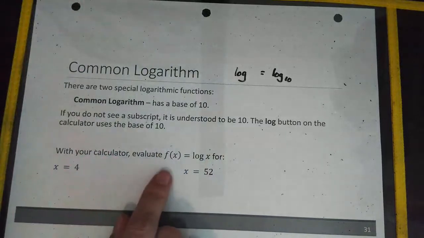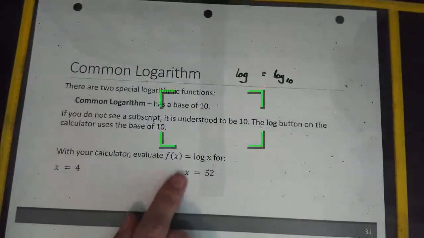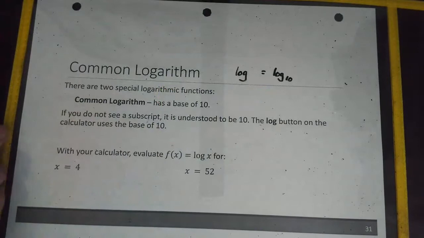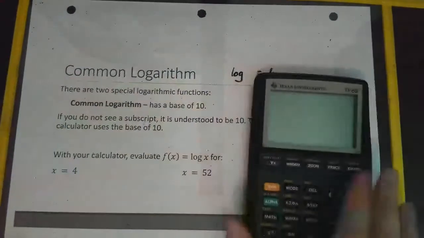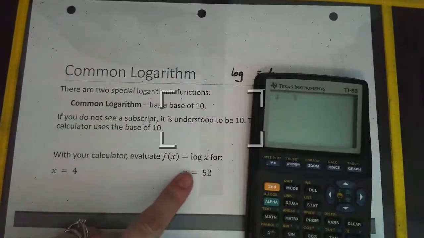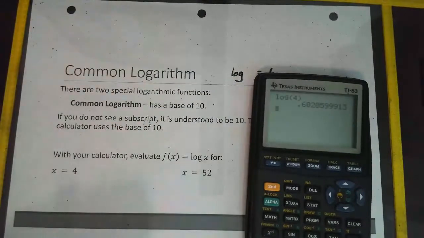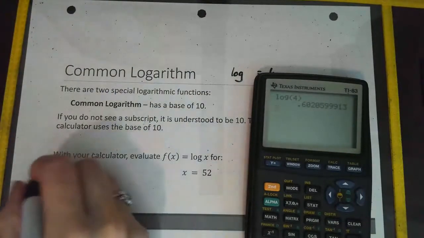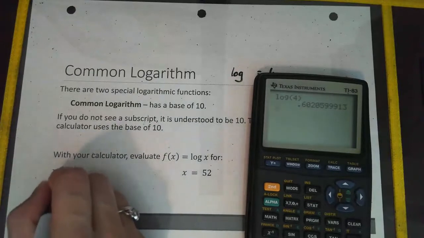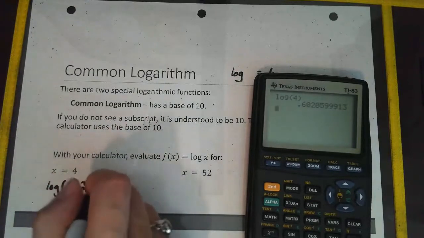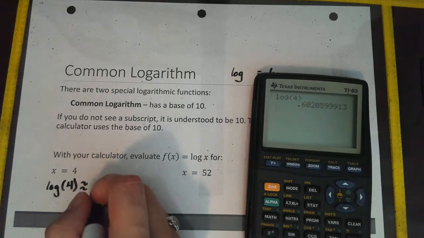So with our calculator, we want to evaluate f of x equals log of x for x equals 4 and x equals 52. So they just want me to find the log of 4. I'm going to round to 4 decimal places. So the log of 4 is roughly equal to 0.6021.